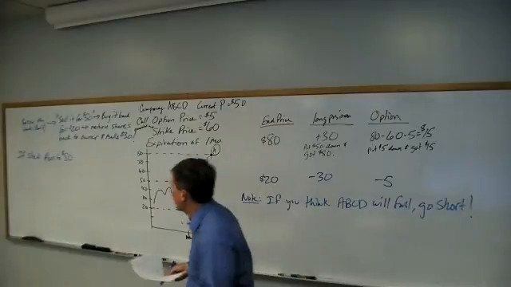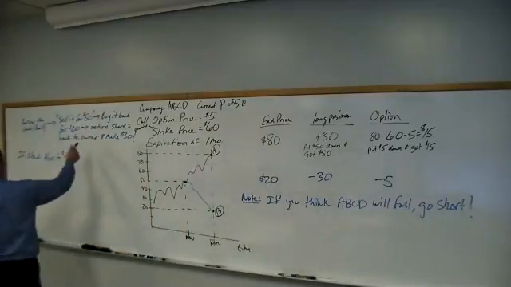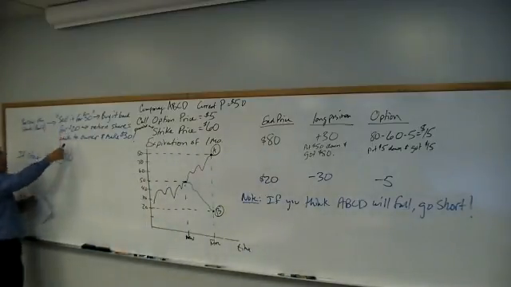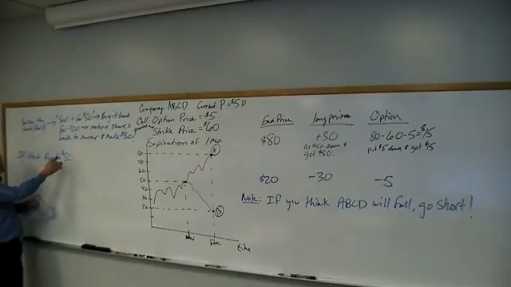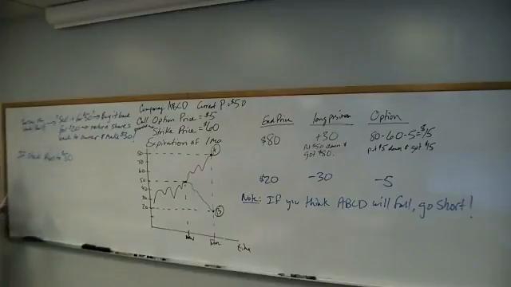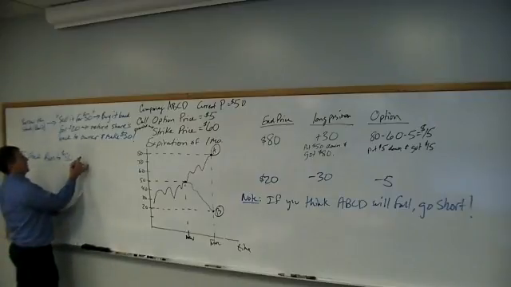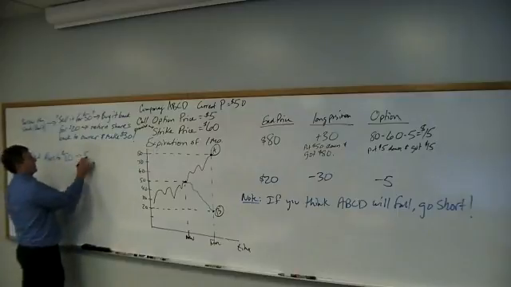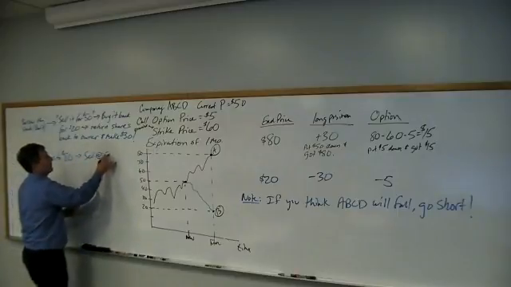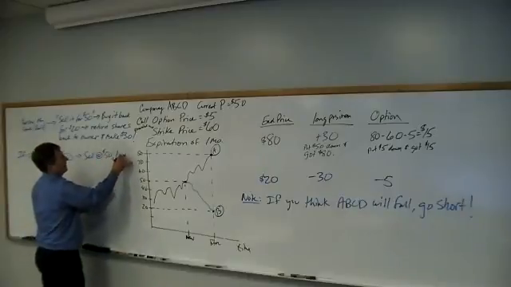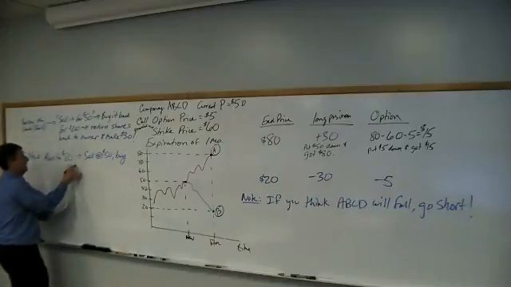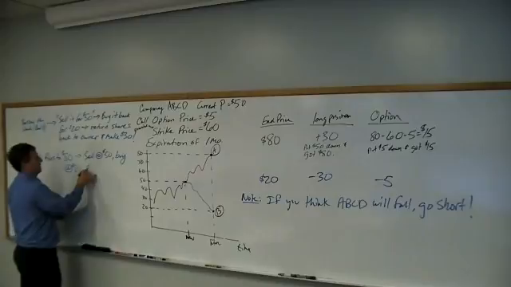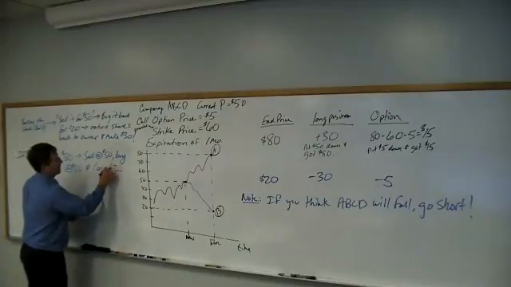You're going to lose 30. So just the opposite. You sold it. Now you have to go to the market and buy it back by contract, and you're going to have to buy it back at 80, and you're going to lose your 30. So you sell at 50, buy at 80, and lose 30 bucks.